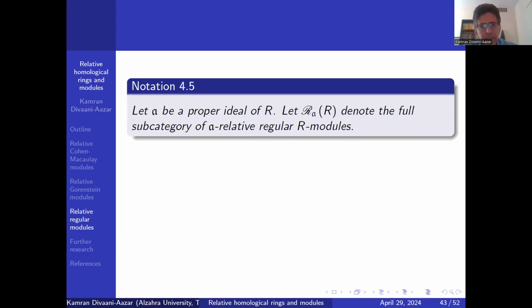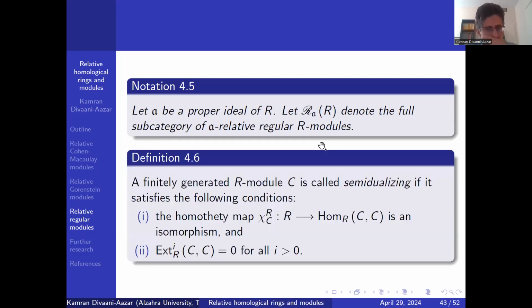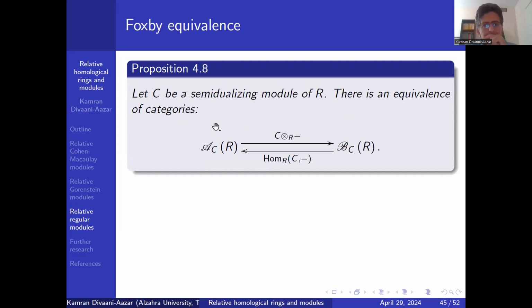Here we denote the full subcategory of all A-relative regular R-modules by this notation. I recall that there is an equivalence of categories between the Auslander class and Bass class in this way.